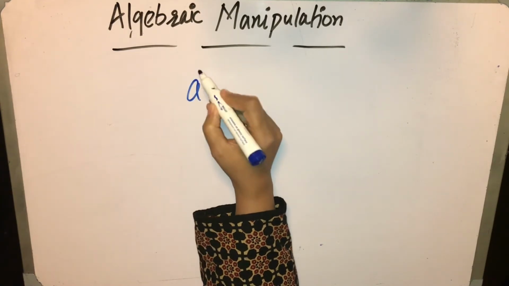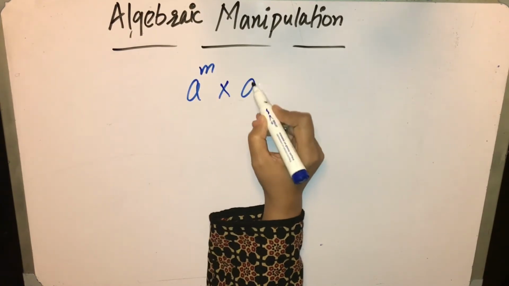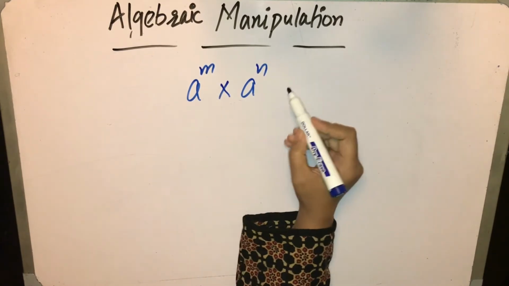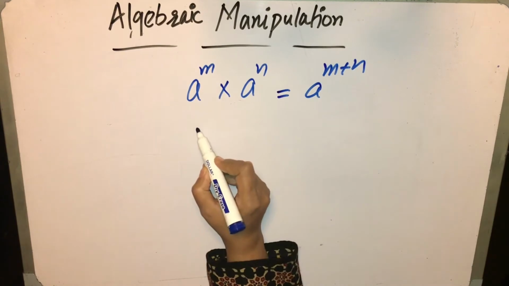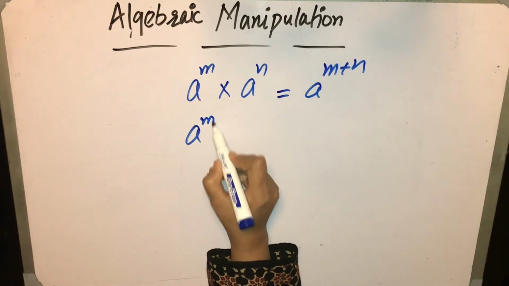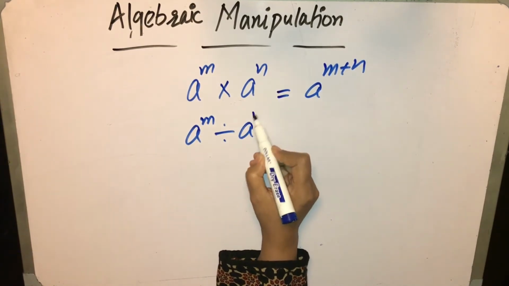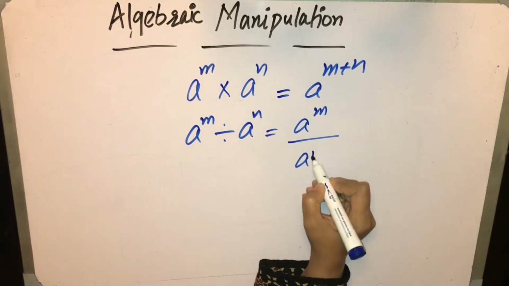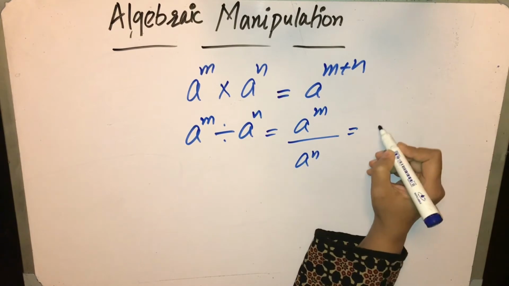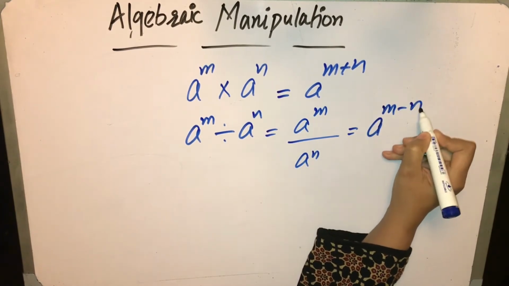If we have a^m and a^n, if they have the same base, their powers will be added. If they have the relationship of division, or one is in the numerator and the other is in the denominator, with the same base, their powers will be subtracted.